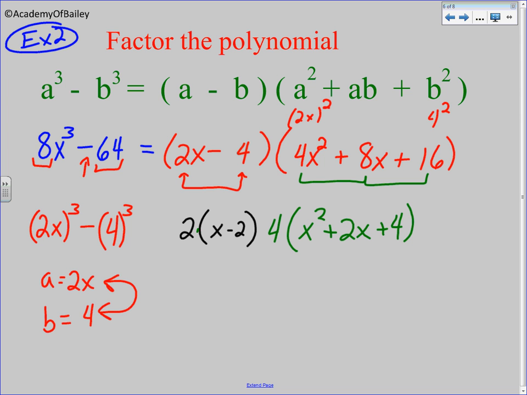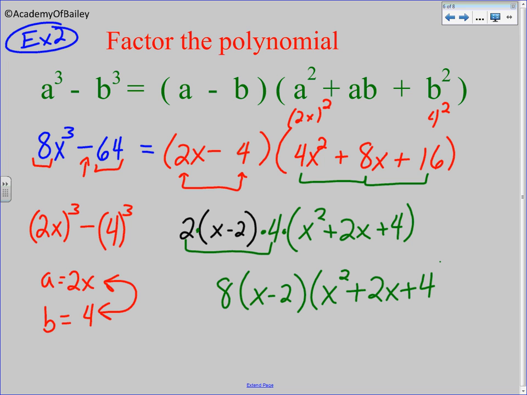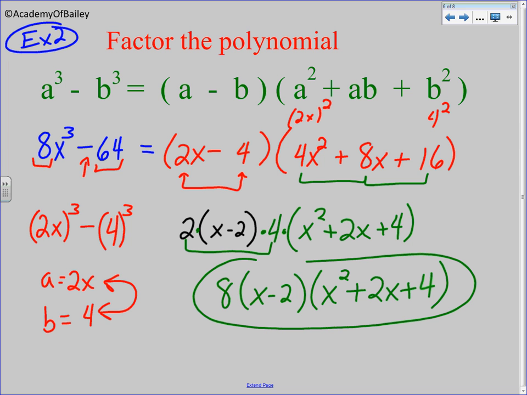And now since all these signs are multiplication, 2 times 4 is 8. And now we're getting down to the completely factored form. This is the completely factored form of 8x cubed minus 64.